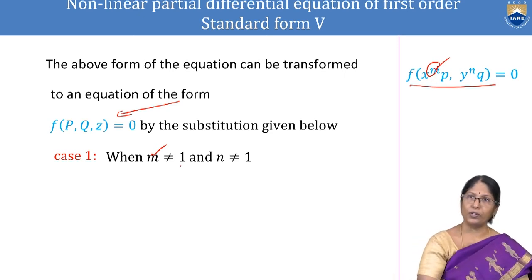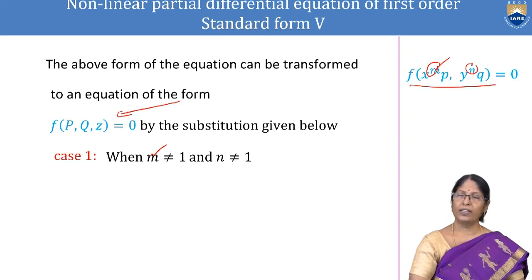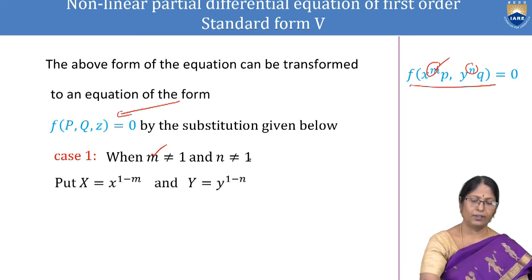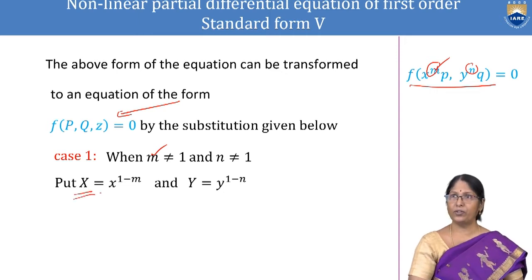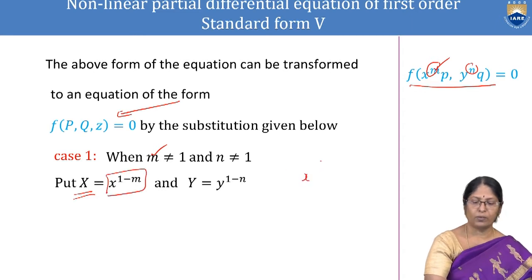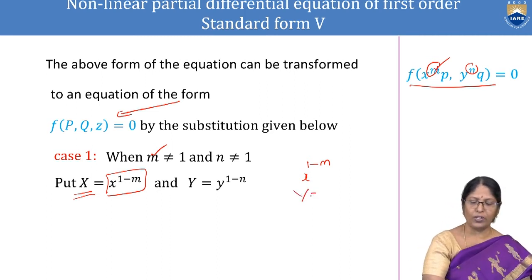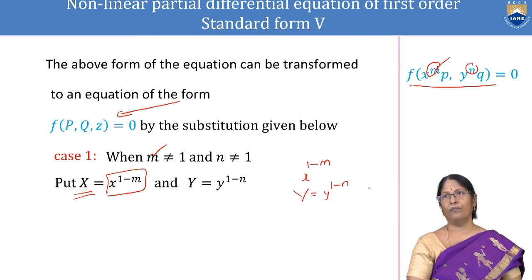If it is not equal to 1, and the n value of y is also not equal to 1, then we have to take capital X equal to small x power 1 minus m. Then capital Y equal to y power 1 minus n, we have to take.